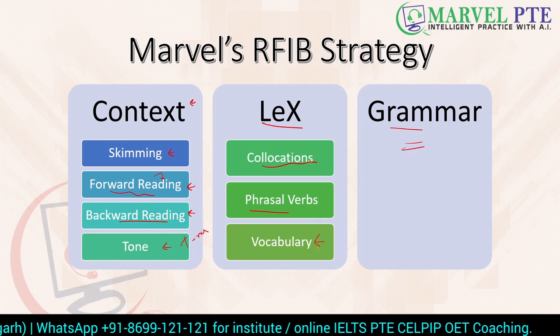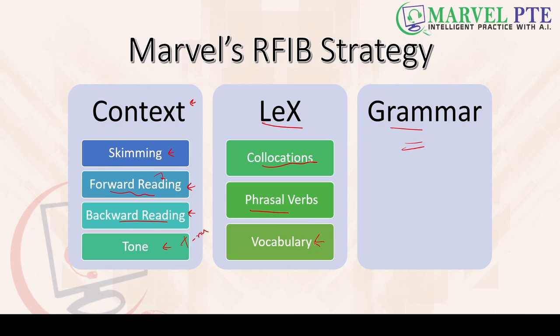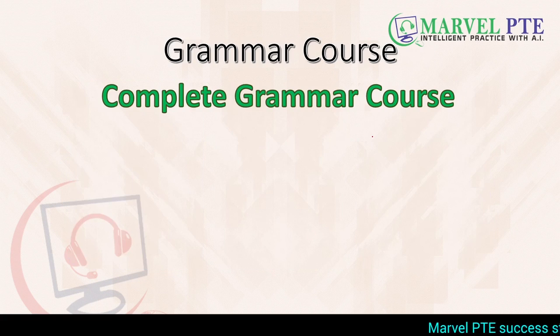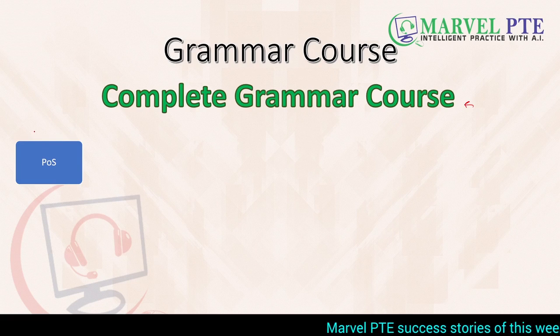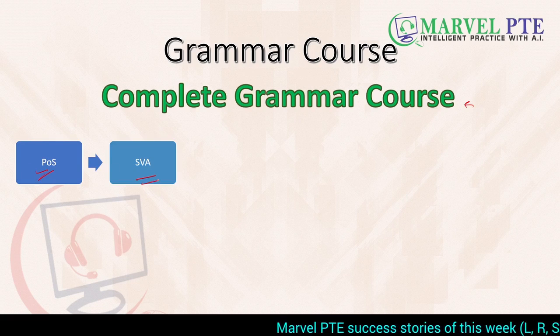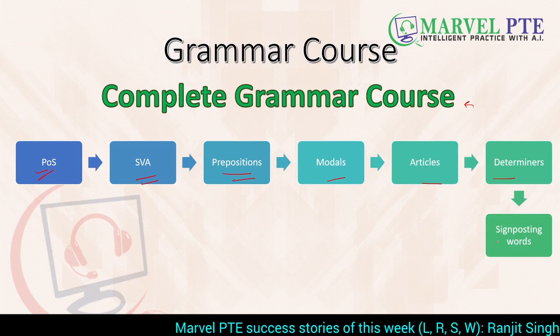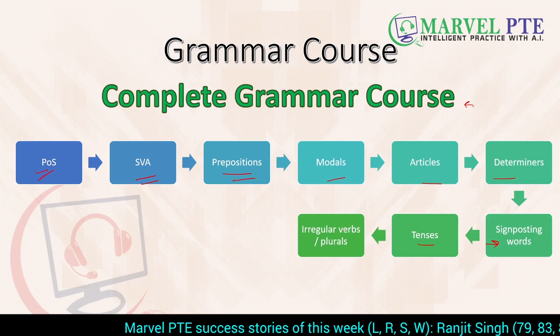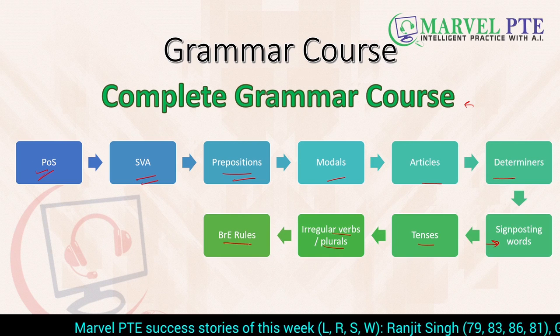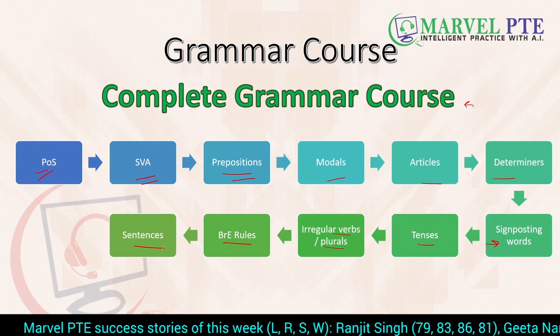And vocab is something which we keep building on this video series, and slowly and steadily you will improve your vocab. Coming back to grammar, we have a complete grammar course which we provide to our students, which has parts of speech, then subject verb agreement, prepositions, modals, articles, determiners, signposting words, tenses, irregular verbs or plurals, British English rules, sentence formation.